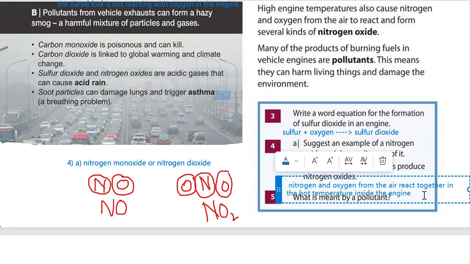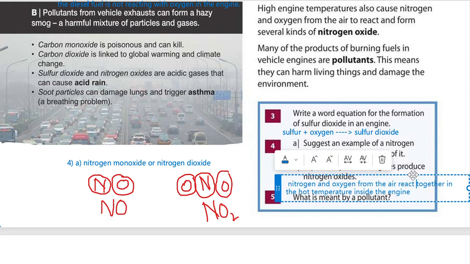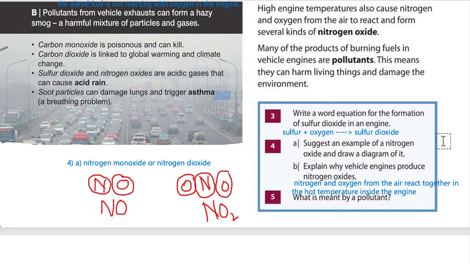Can somebody read the question? Okay, I'll tell. Explain why vehicle engines produce nitrogen oxides. I have given this in the summary sheet, in the short notes.